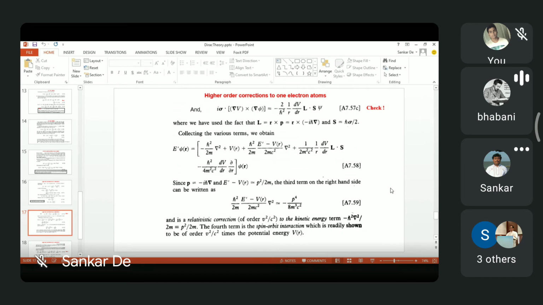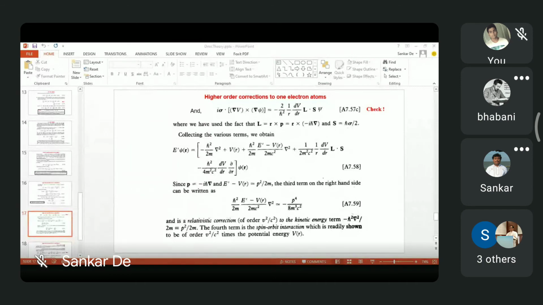So 1 by r dV dr, r cross, there is a minus i, and there is a delta dot sigma, and there is a psi.